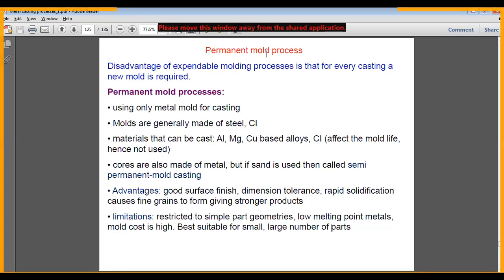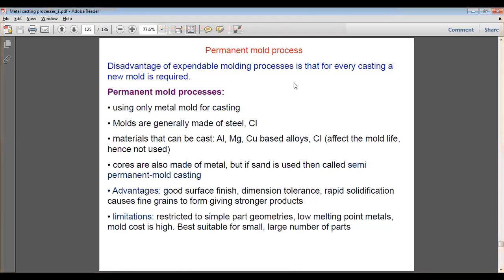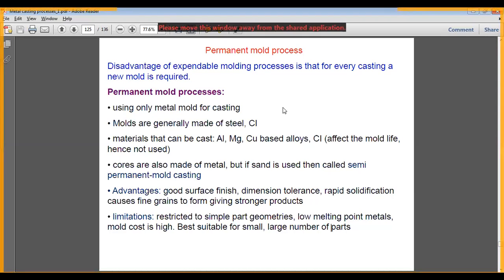Copper also can be cast by the permanent mold process, but cast iron cannot be cast by the permanent mold process, because cast iron affects the mold in many ways and it distorts the molds. That's why cast iron is not cast in permanent mold casting. Therefore for cast iron we have to use single use molds.